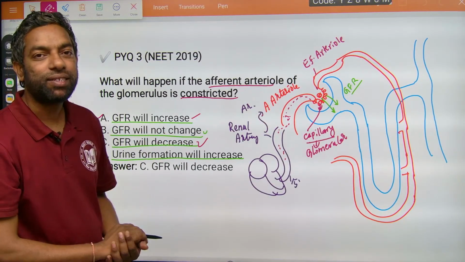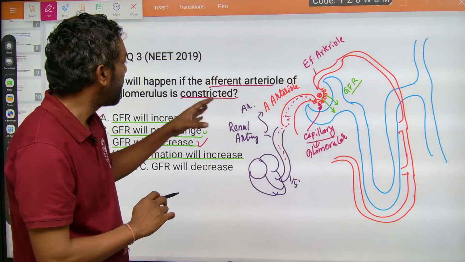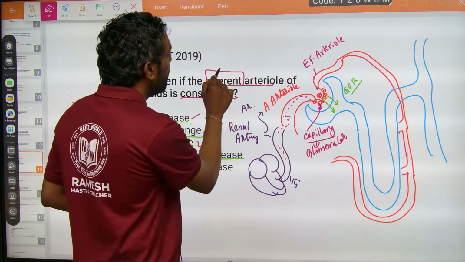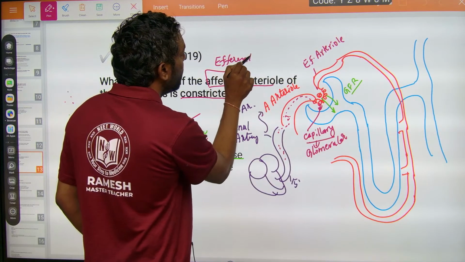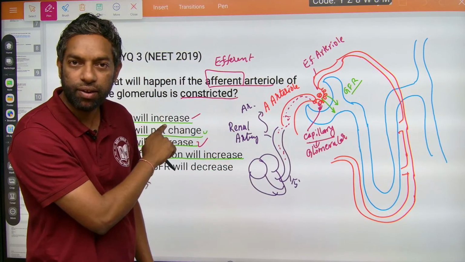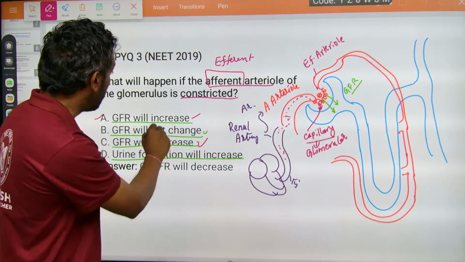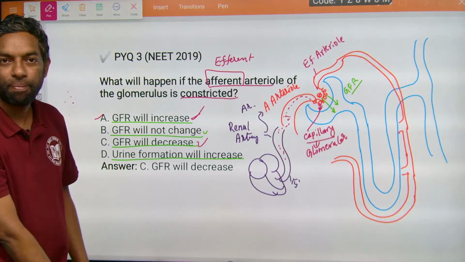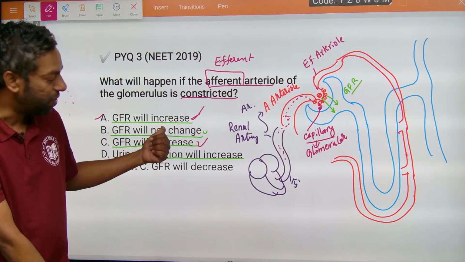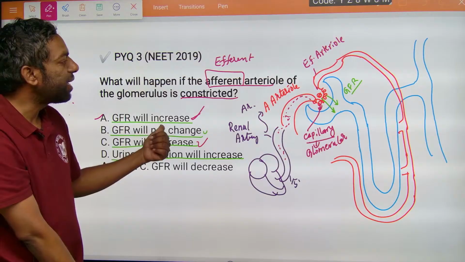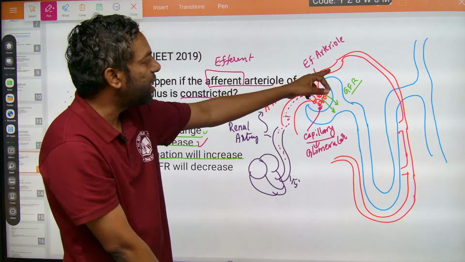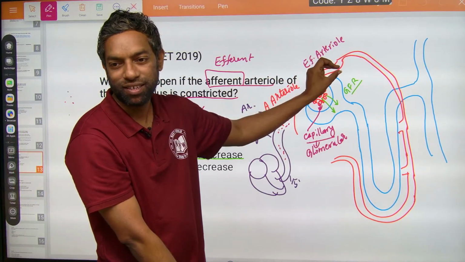There is another option, where they can give afferent arteriole instead of efferent arteriole. If they give afferent instead of efferent, the first answer will not be right. The first option is right because GFR will increase when the efferent arteriole size decreases.